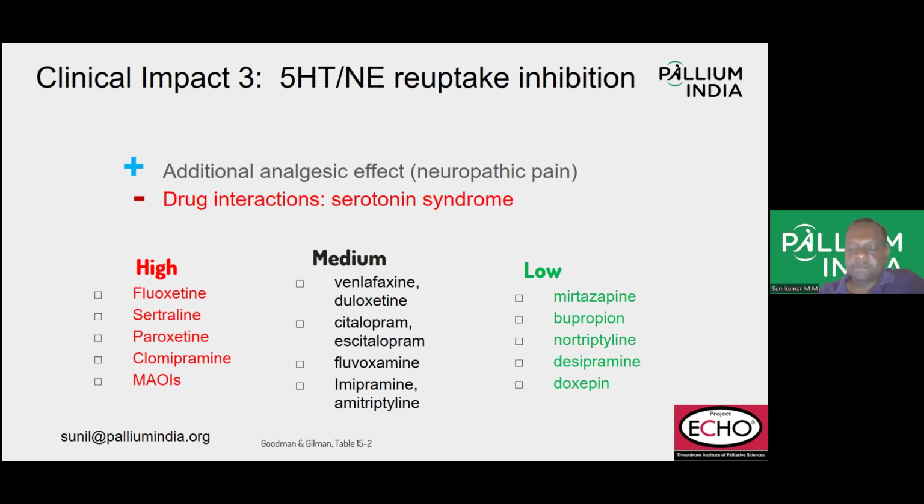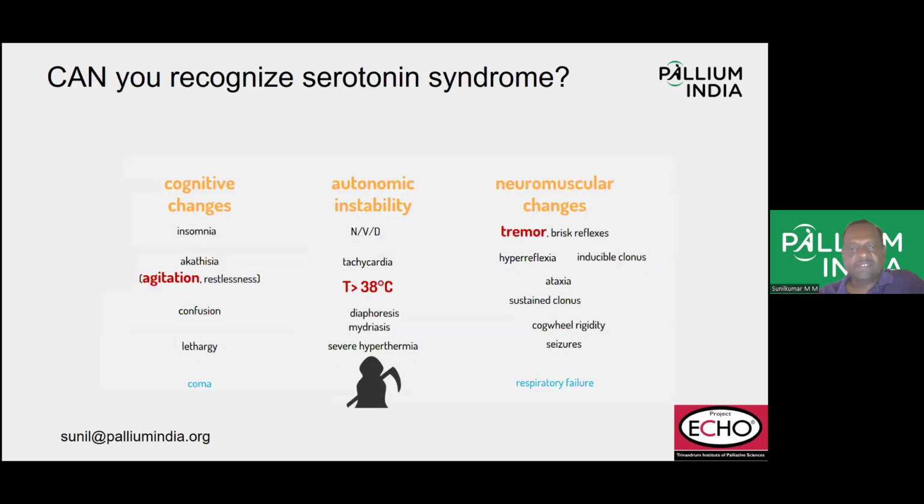So how do you detect that it is serotonin syndrome? There would be cognitive changes, autonomic instability, and neuromuscular changes. You can see all those symptoms which we saw in that patient are here: agitation, restlessness, confusion, nausea, vomiting, tachycardia, hyperthermia, tremor, hyperreflexia, clonus.